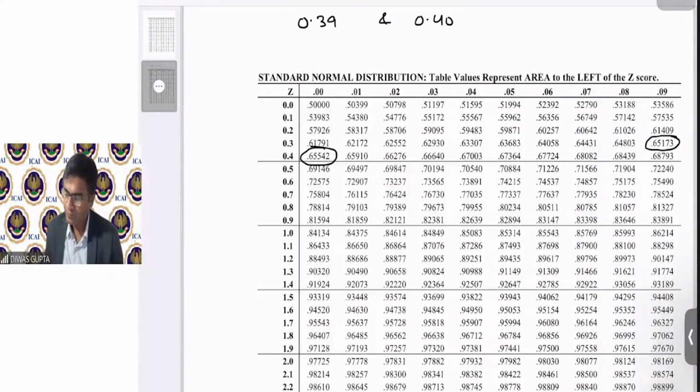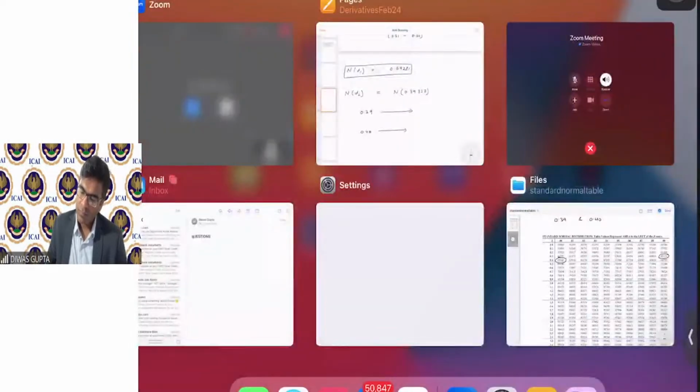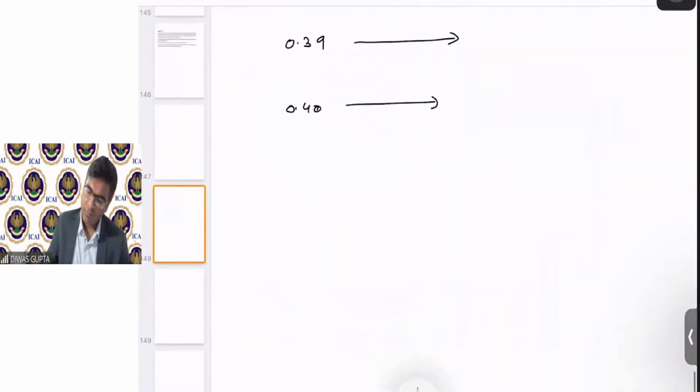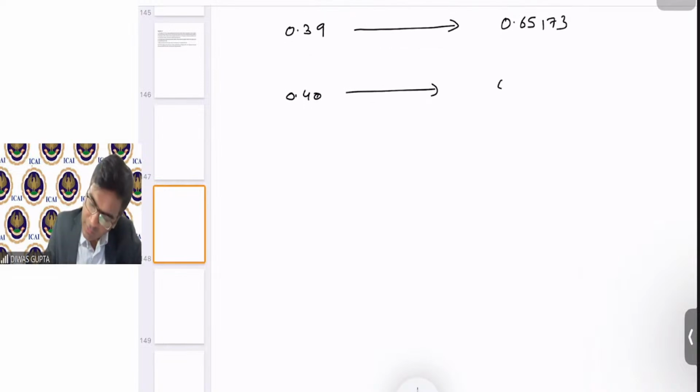Okay. So 0.39 is 0.65173 and this is 0.65542.